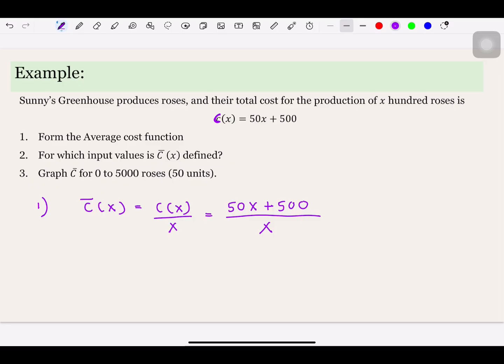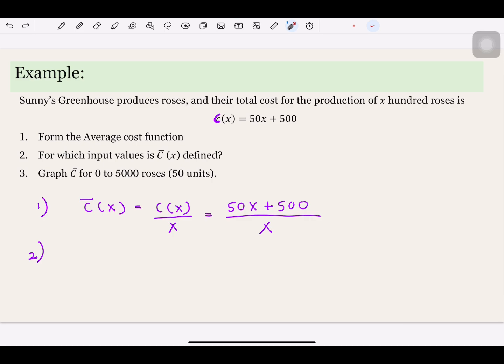Next, let's talk about the domain of this function, which is what we have to find in the second part. This function is a quotient, and we know that we cannot divide anything by 0, so this x over here cannot be 0. Also, in this context, x represents the number of hundreds of roses produced, so it must be positive.